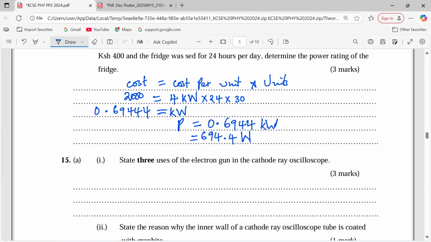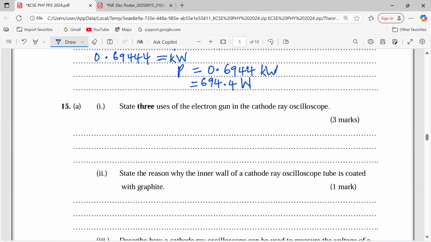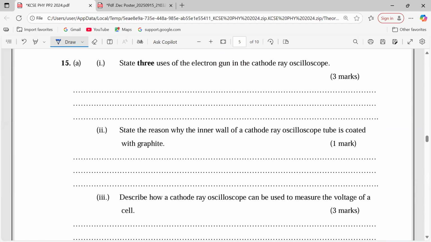So that is the power rating of the fridge which was purchased.